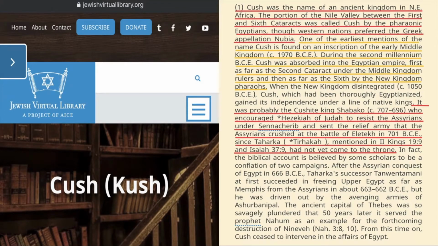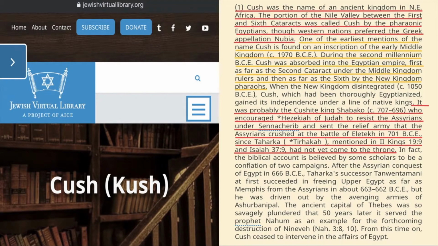Cush was the name, and this is from JewishVirtualLibrary.org, of an ancient kingdom in northeast Africa. The portion of the Nile Valley between the first and sixth cataracts was called Cush by the Pharaonic Egyptians, though Western nations preferred the Greek application Nubia.